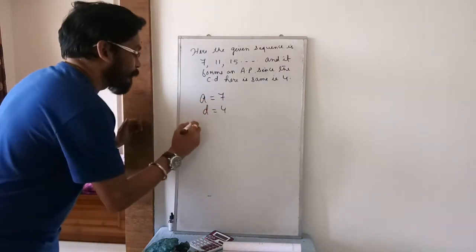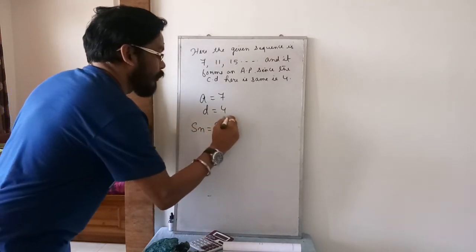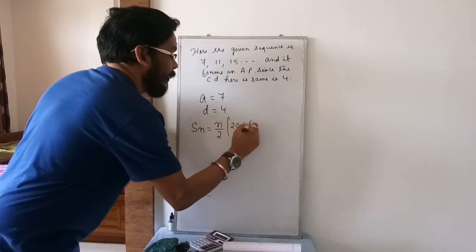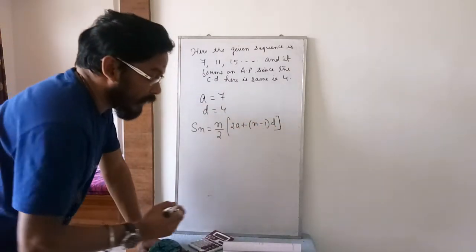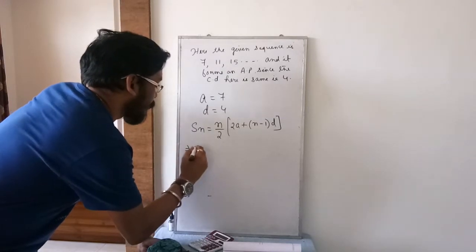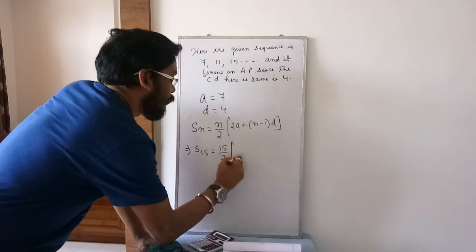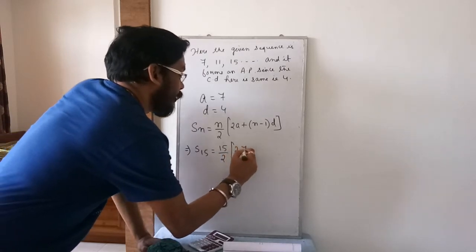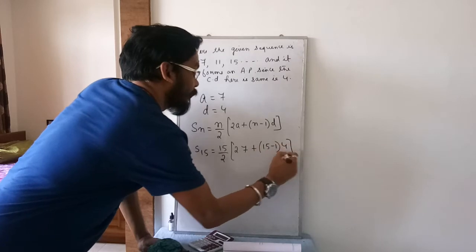I have to find the sum of 15 terms. So Sn equal to what we know, n by 2 into twice a plus n minus 1 into d. I have to find the sum up to 15 terms, means S15. So in place of n it will be 15 by 2, it is twice a, and here it is 15 minus 1, your d is your 4.